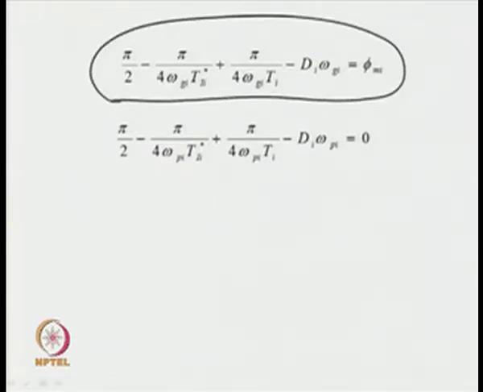So, tan inverse functions are substituted, which results in the expression pi upon 2 minus pi upon 4 omega g_i T_i star plus pi upon 4 omega g_i T_i minus d_i omega g_i equal to phi m_i. Why are we trying to substitute the tan inverse function?